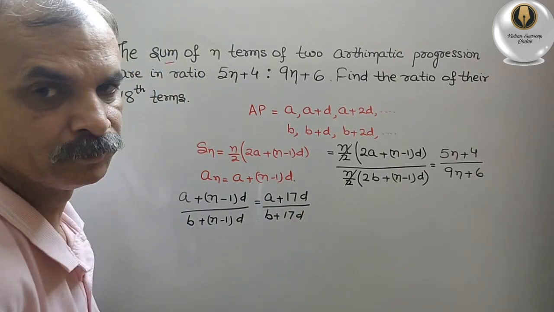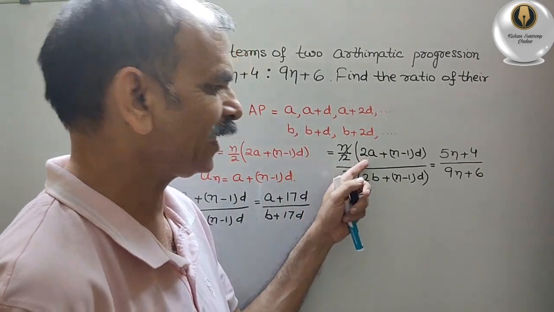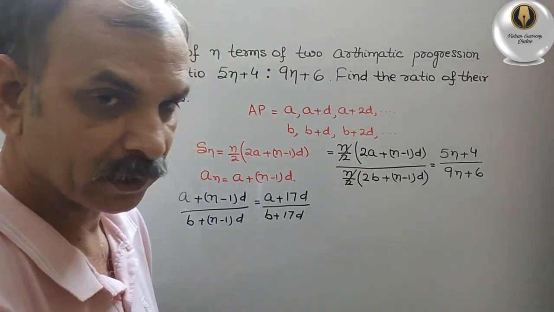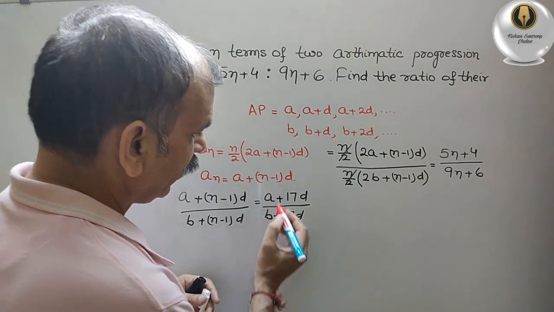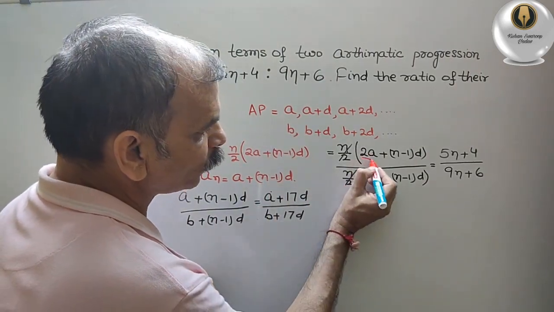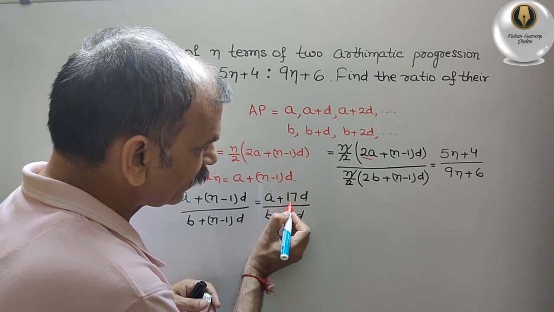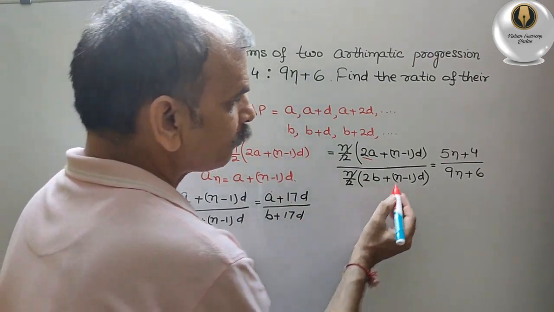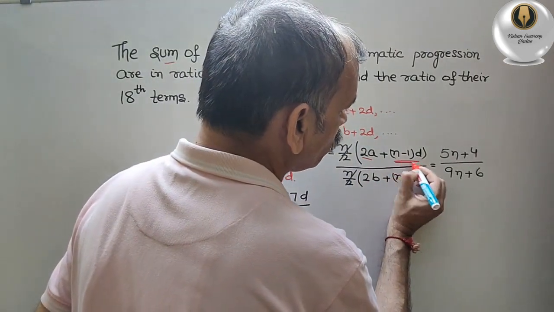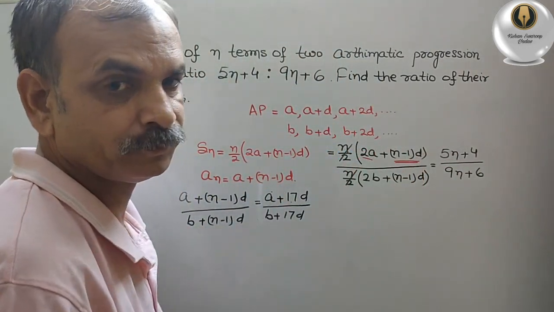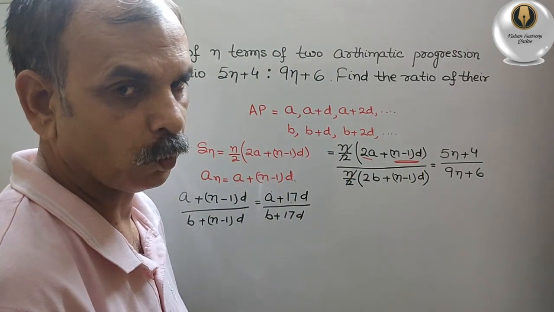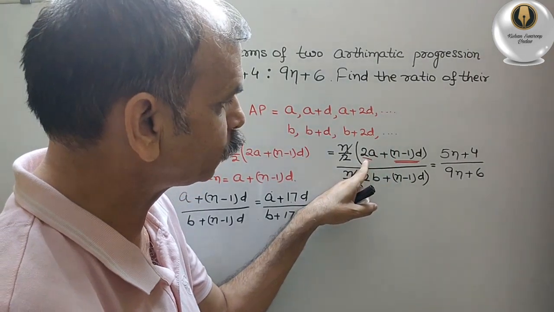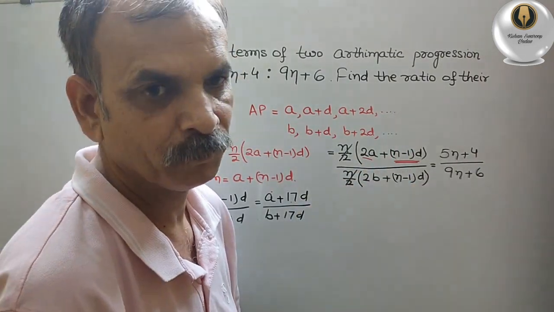But if you see here, you will get 2a and 17d. If you put 18 here, this will be 2a plus 17d.